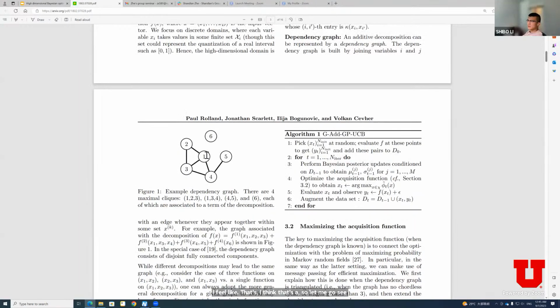Let me go through in detail. Let's ignore the point 6. We have 3 groups from 1, 2, 3, 4, 5. 1, 2, 3 is a clique, 1, 3, 4 is a clique, and 4, 5 is a clique. Let's define 1, 3, 4 as the root clique. If we don't do message passing, it's defined on the clique.